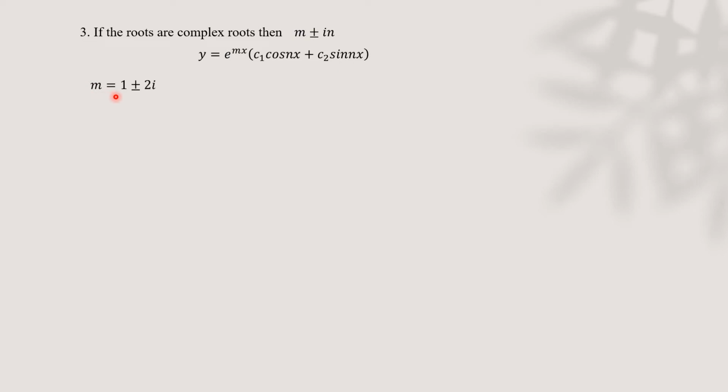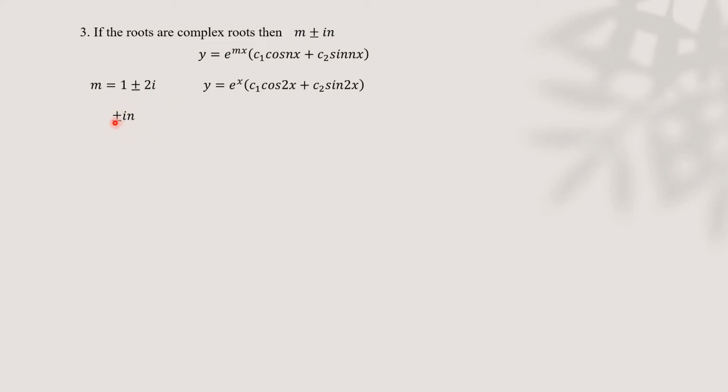For example, m equal to 1 plus or minus 2i. Here, if I compare with the complex roots, m represents 1 and n represents 2. Then the solution is given as y equal to e power 1x times (c1 cos 2x plus c2 sin 2x). As I told you, if we have only an imaginary part, the solution is different.